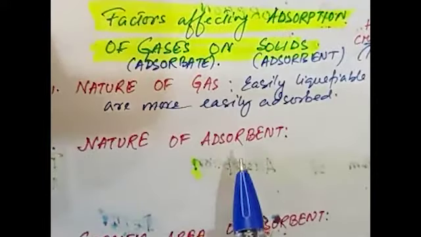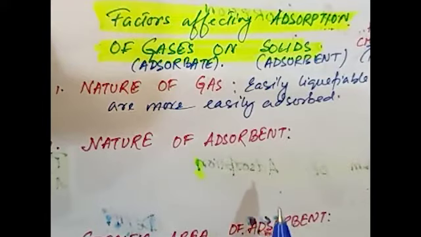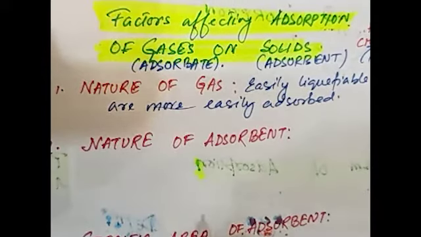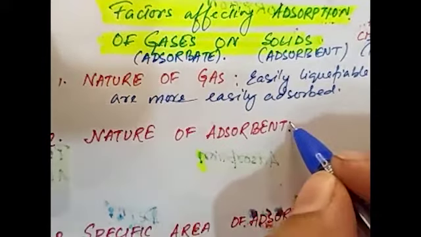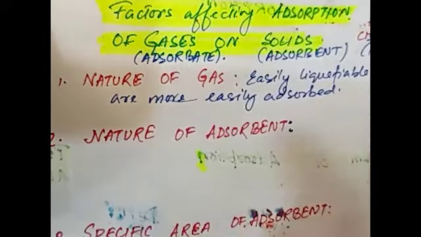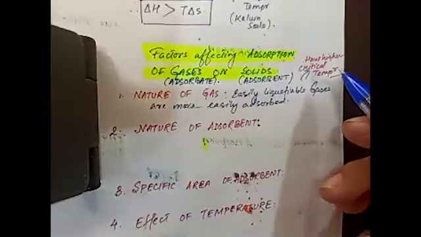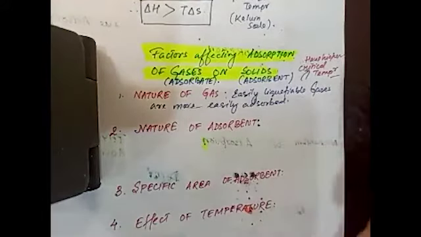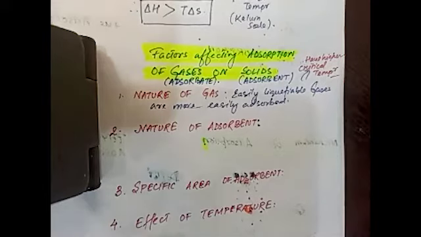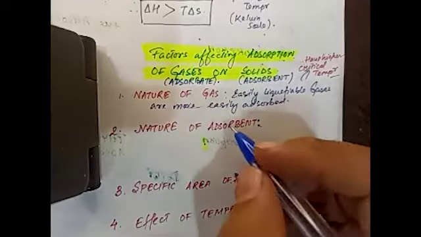Nature of adsorbent. What is the nature of the adsorbent? So, how is the adsorbent? कैसा है? Like charcoal. You know charcoal, activated charcoal. Or today they gave the ad of toothpaste. Na? It contains activated charcoal. They contain salt. करता क्या है salt या activated charcoal?